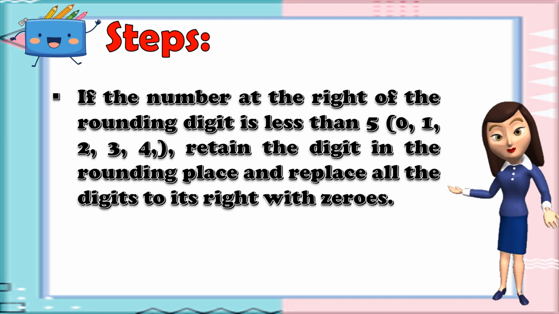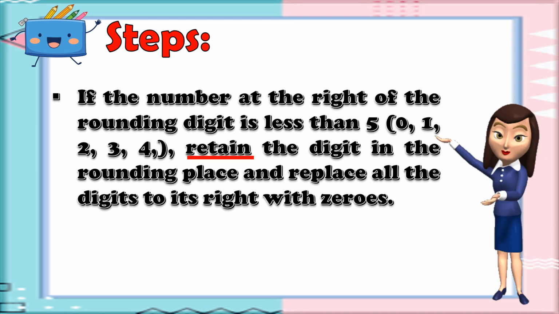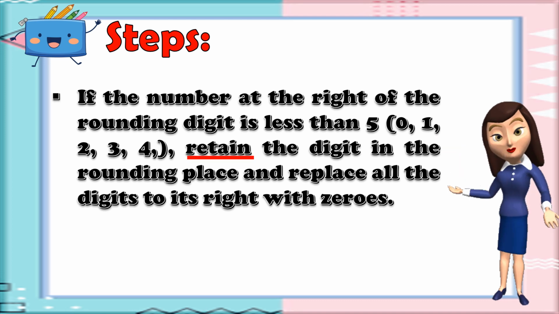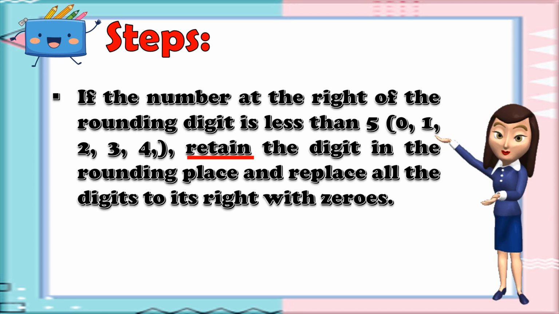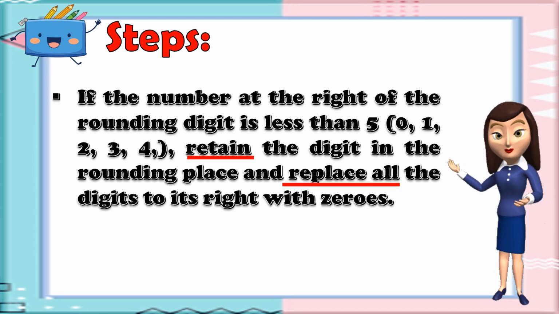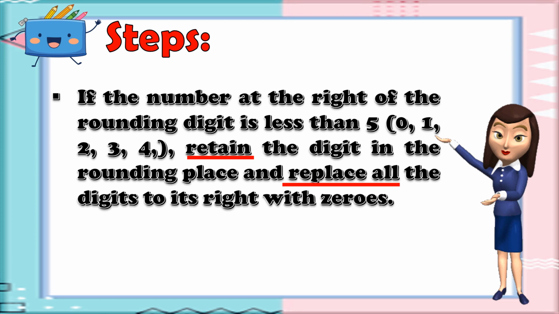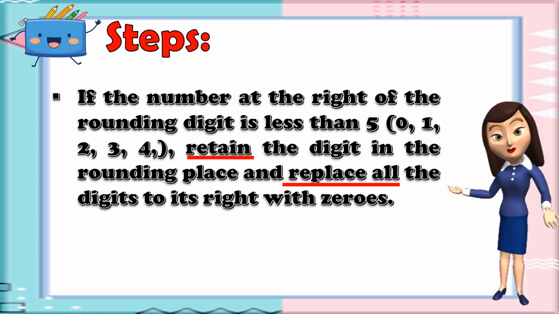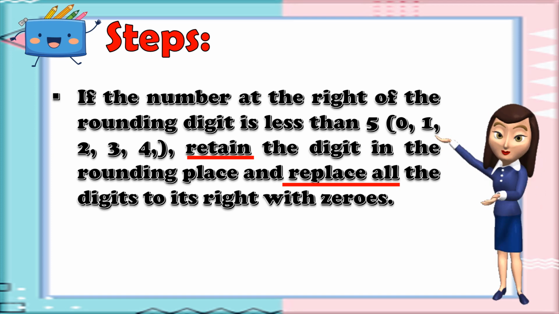Kapag sinabi nating retain, ang ibig sabihin ay wala tayong babaguhin, kokopyahin lang natin yung number. At kapag sinabi naman nating replace all, lahat ng number o katabi na number ng nila-round off natin ay papalitan natin ng zeros. Itong process na ito ay pwede din nating tawagin na round down.